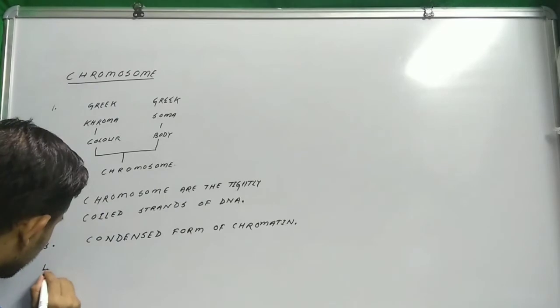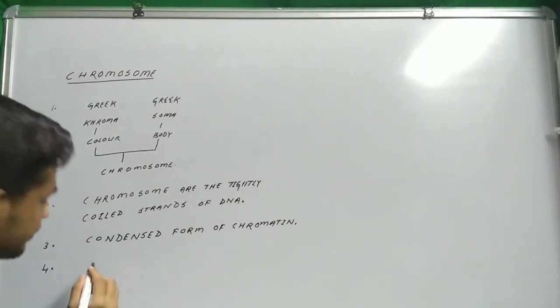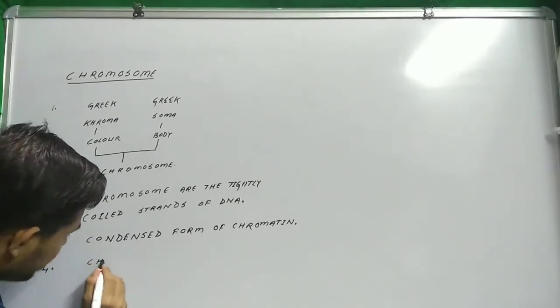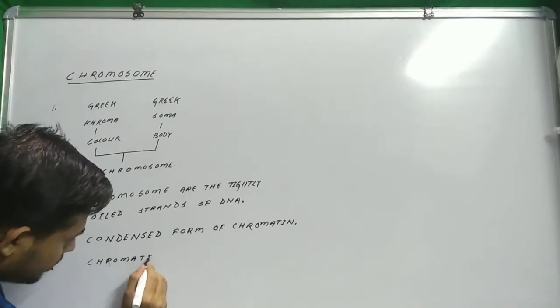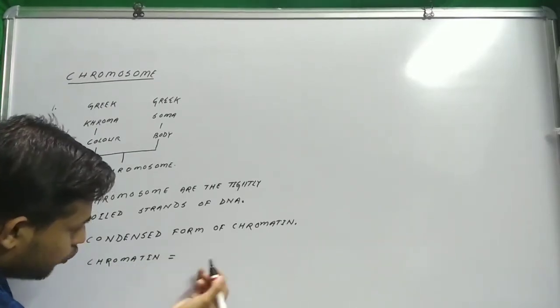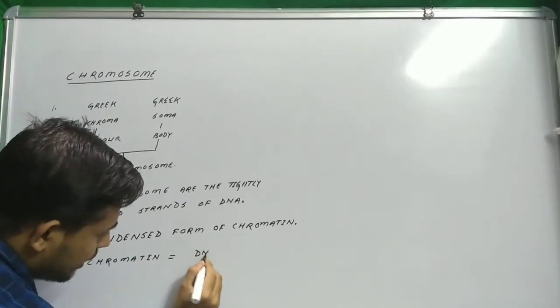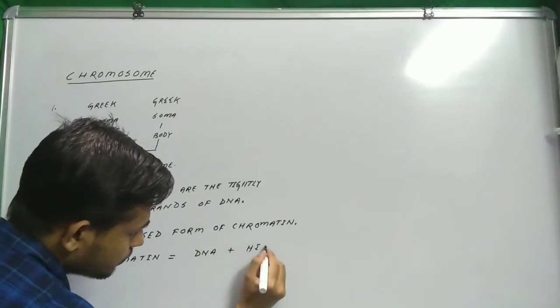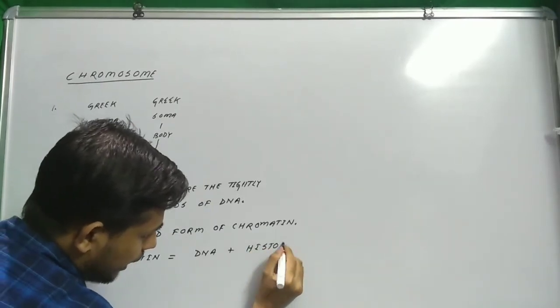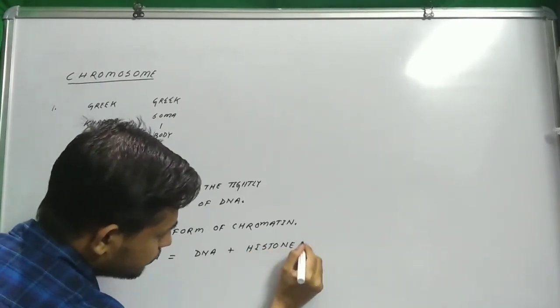So dear students, what is the word chromatin? The word chromatin consists of two parts. It is formed by DNA plus histone protein.